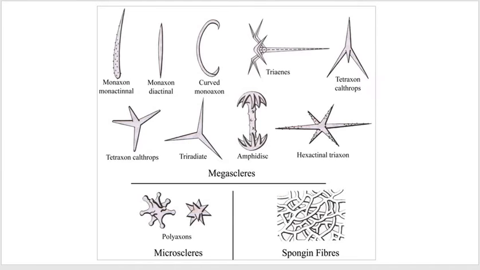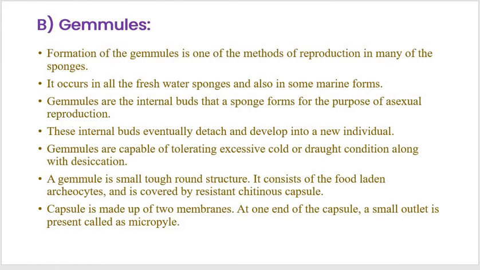Now after that, we can focus on gemmules. Now here, formation of gemmules is one of the methods of reproduction in many sponges. Such gemmules occur in all the freshwater sponges, and they are also present in some marine forms.